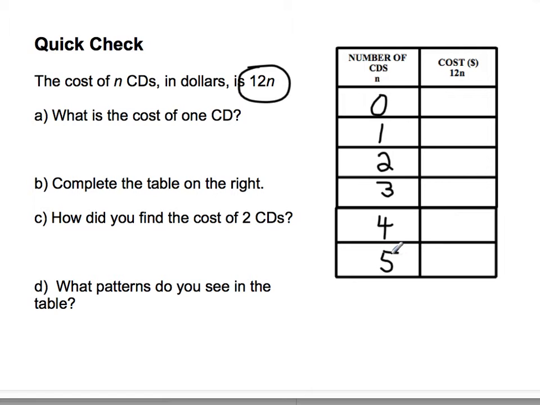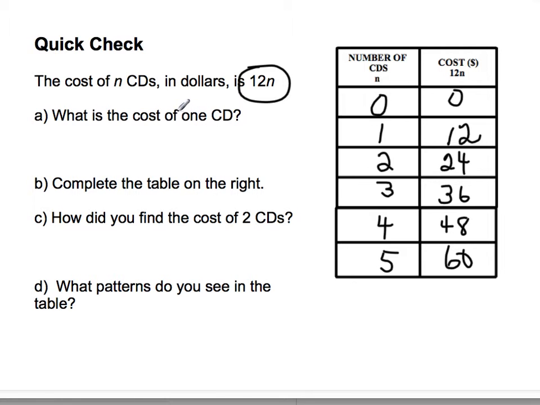So we always start with the smallest amount that we can buy, which is 0. We can walk into a store, look around, and then walk out, and we spent $0. If we go into a store and we buy 1 CD, then we spent $12. And if we follow the pattern, you can use your calculator if you choose to in order to find those numbers, or you can continuously add 12.